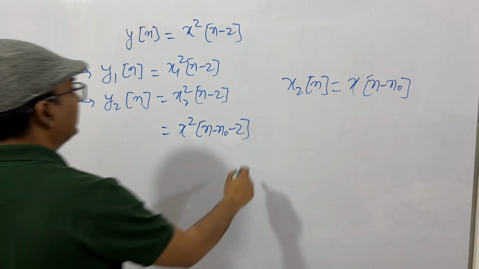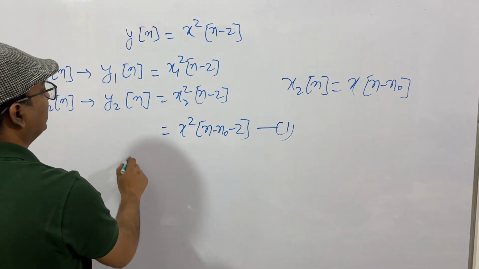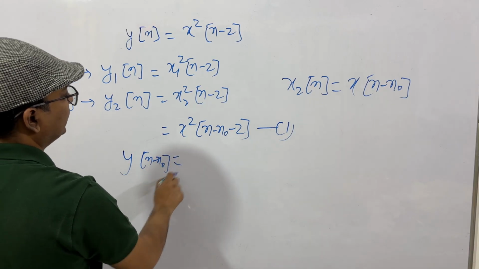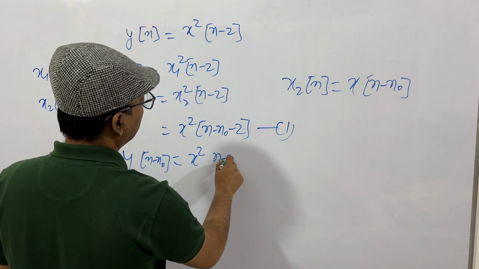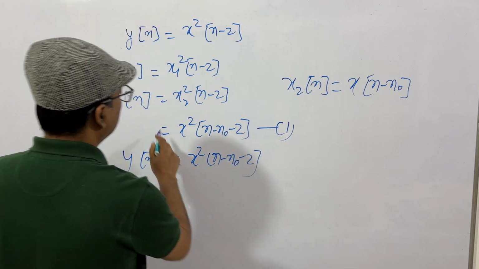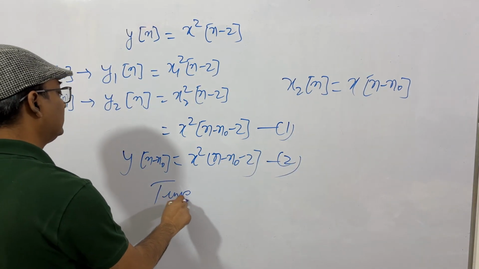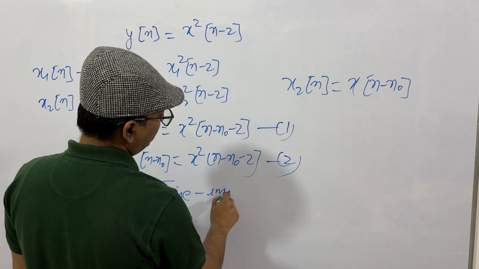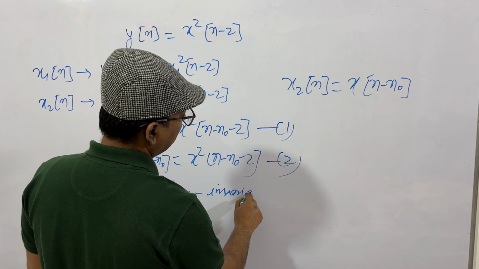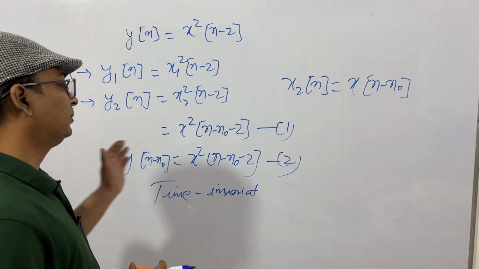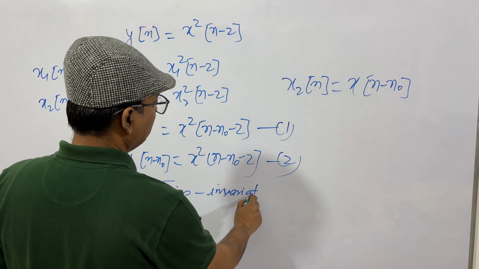And directly from here, if you take y(n minus n0), you have x square (n minus n0 minus 2). So these two values are equal. Therefore, the system is time invariant. That is, if you shift the input by a certain time, the output will be shifted by that time only, invariant.